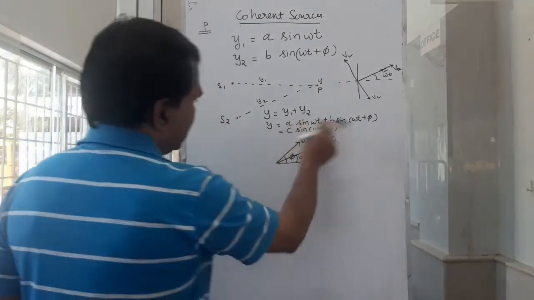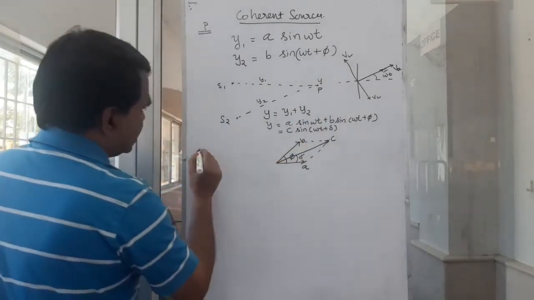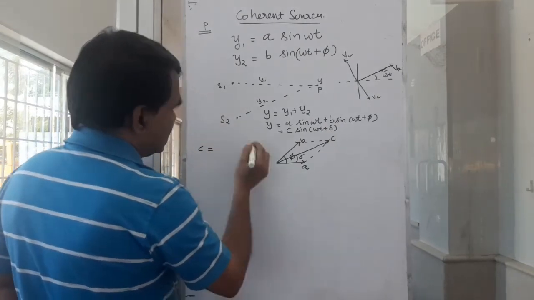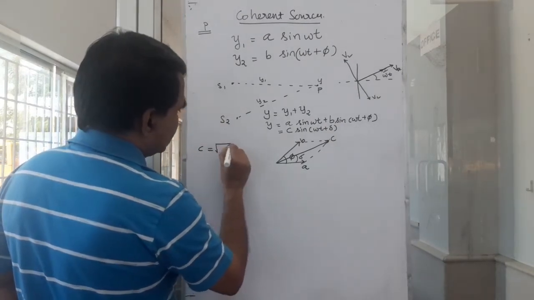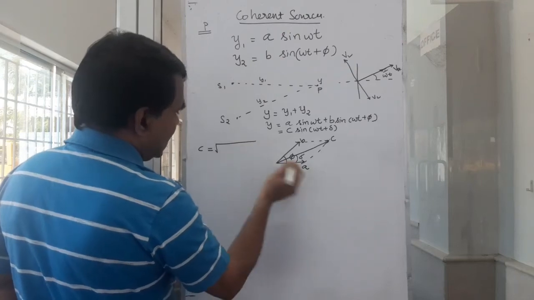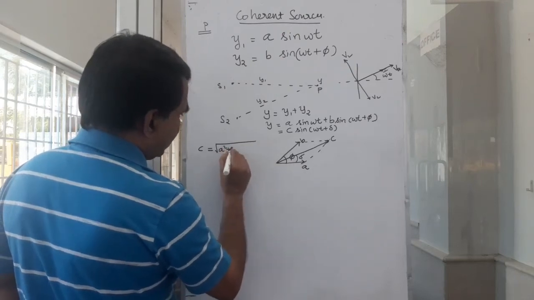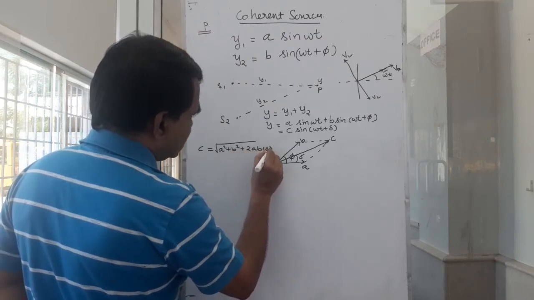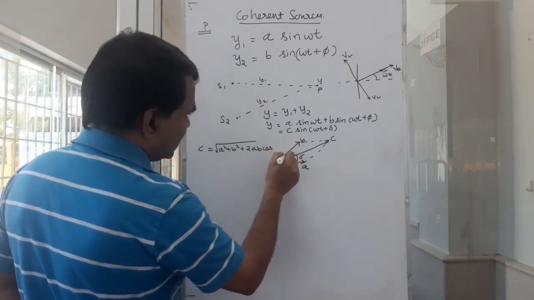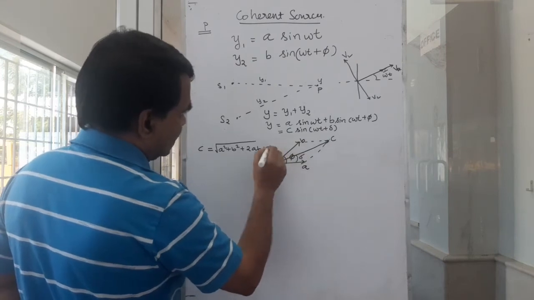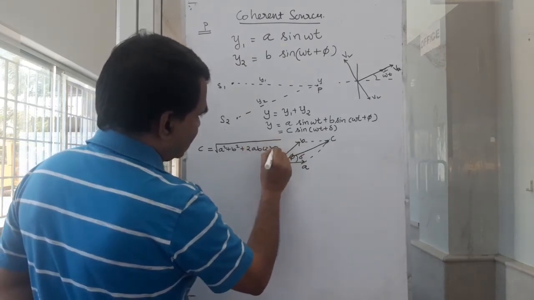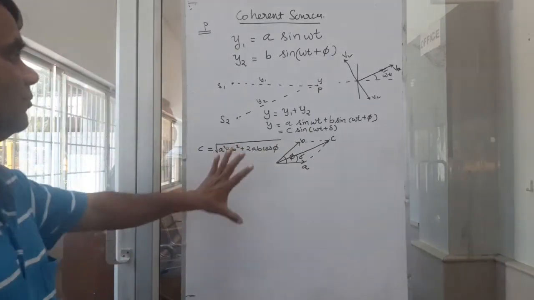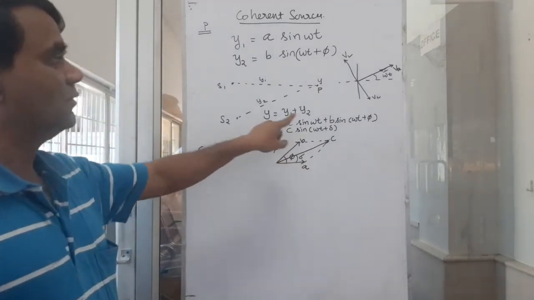Okay, but what is the value of C? We know this. C is given by this expression. C is actually the square root of a square plus b square plus 2ab cos phi, where phi is the angle between a and b, not delta. So this is going to be the resultant.